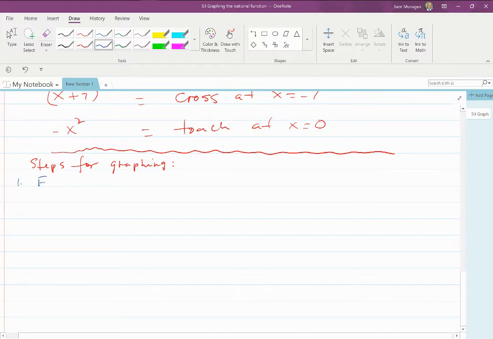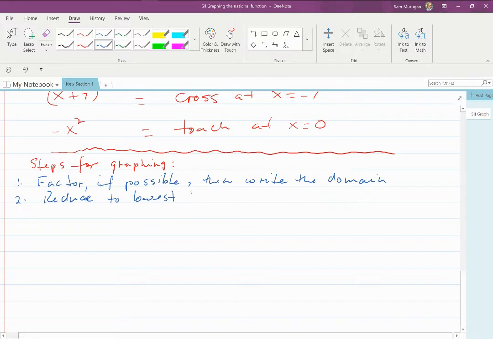Step 1, factor if possible, then write the domain. Step 2, reduce to lowest terms.